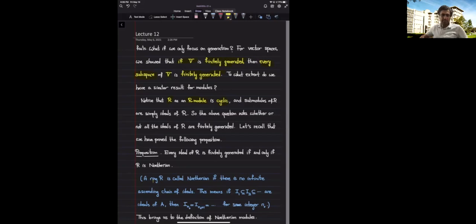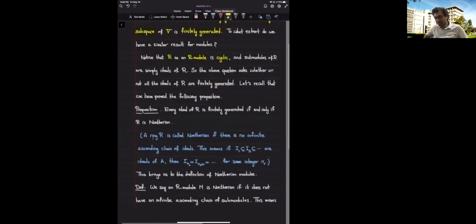If you remember this, fine; if you don't, go and look it up in the lecture notes. We have proved this proposition: every ideal of the ring R, which in this lecture is always a unital commutative ring, is finitely generated if and only if R is Noetherian.